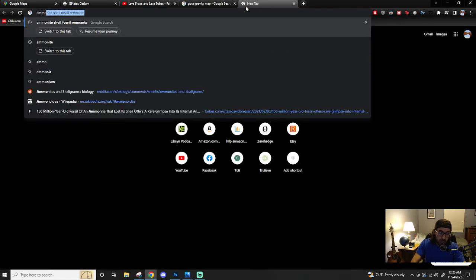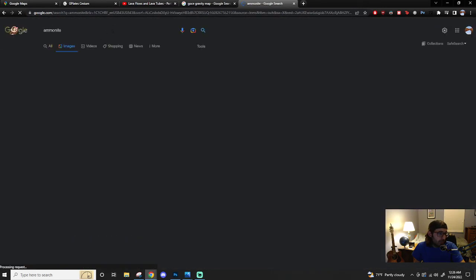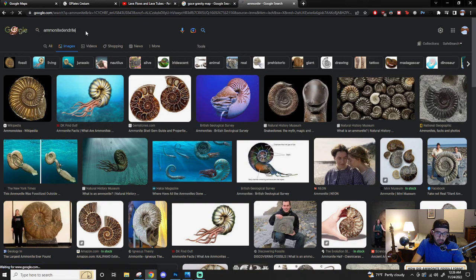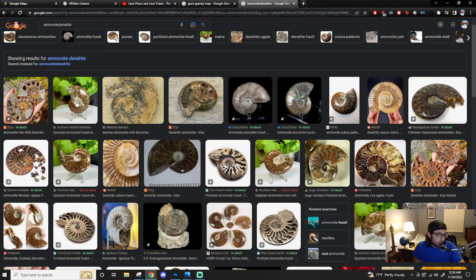So that's just, pardon me, dendrite. Let's look at some dendrites. Like this kind of feature, but especially tend to be across the back of it, if I can find a good one.